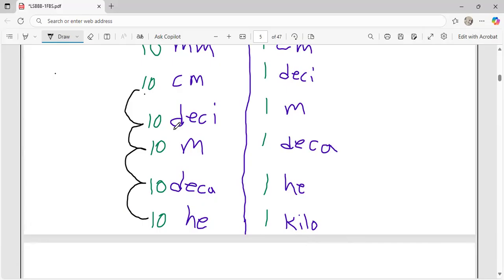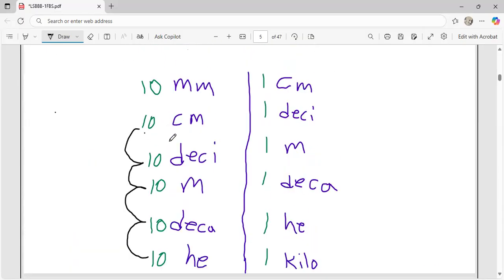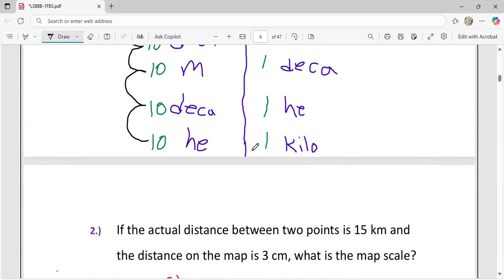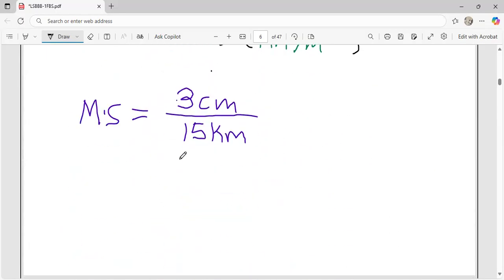Let's all try that together. 10 times 10 times another 10 times another 10 times another 10. You see that you are going to get what? 100,000. Which implies that 100,000 centimeters is equal to 1 kilometer. So that is what the rule says.